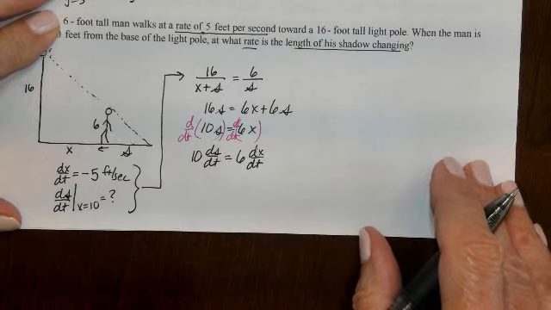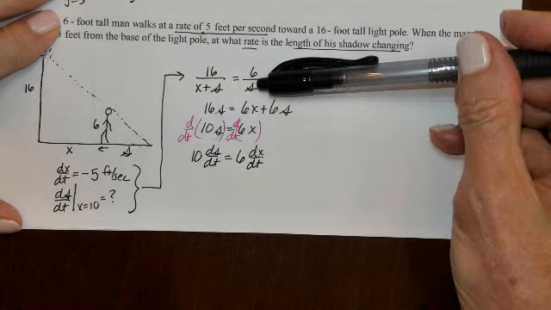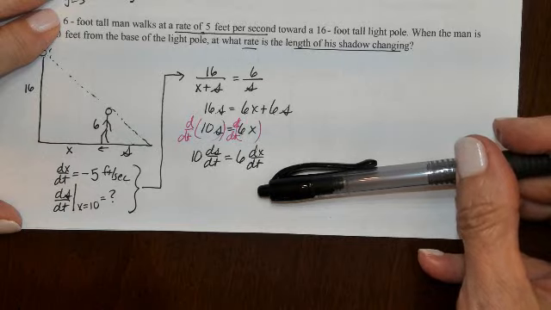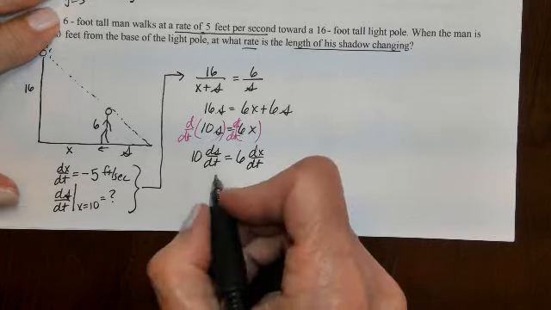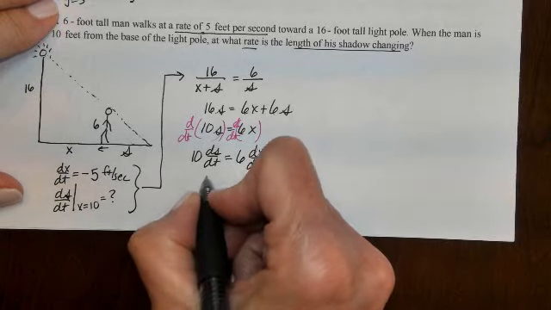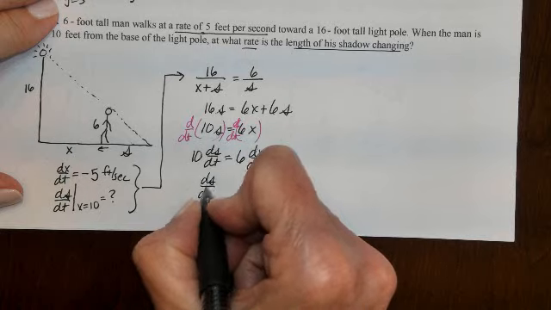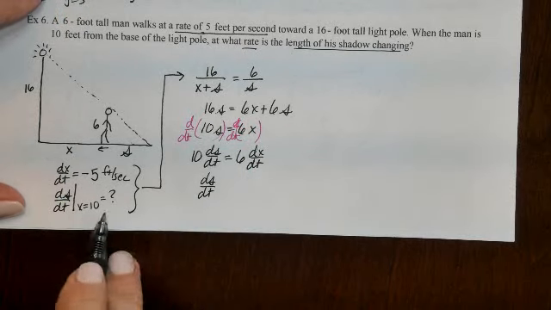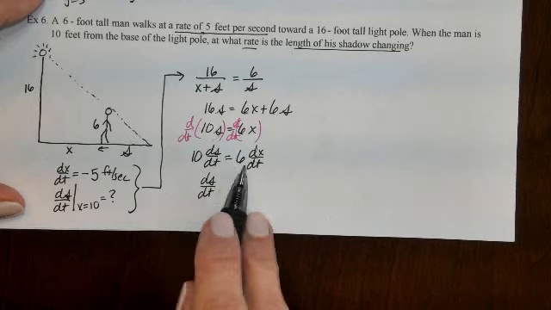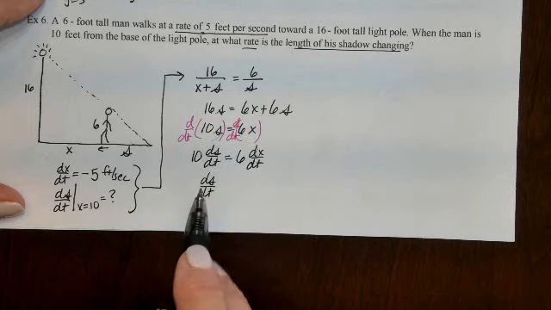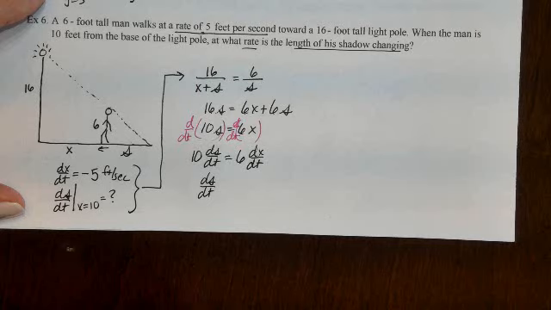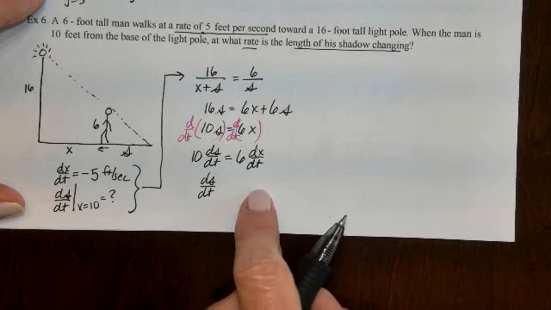And now plug in your numbers. Equation, derivative, plug in your numbers. So I'm solving for ds/dt. I want ds/dt when x is 10, but if you look, there's no place to plug in x. So I don't have to say when x is 10, because this is going to be true all the time.